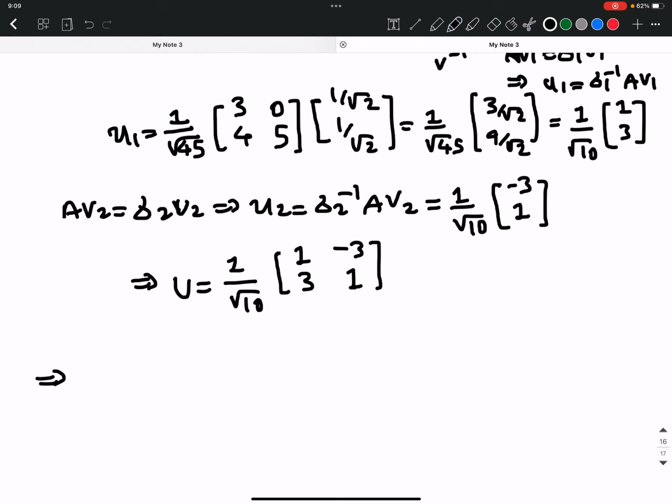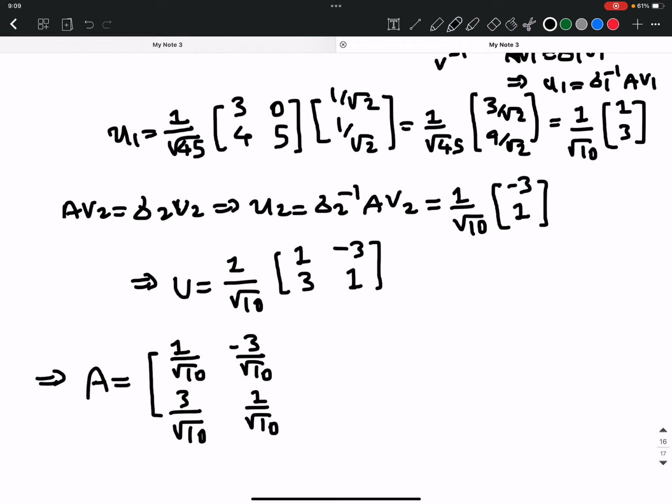So my whole SVD is as follows. A could be represented as follows. So what is U? It is 1 over square root of 10, minus 3 over square root of 10, 3 over square root of 10, 1 over square root of 10.